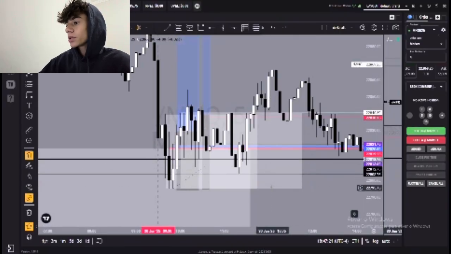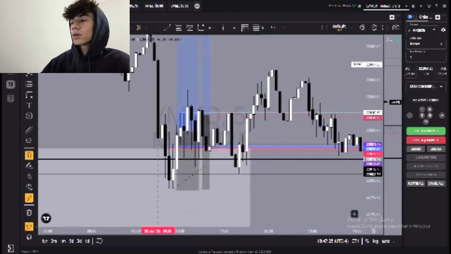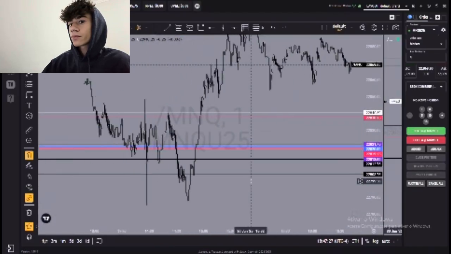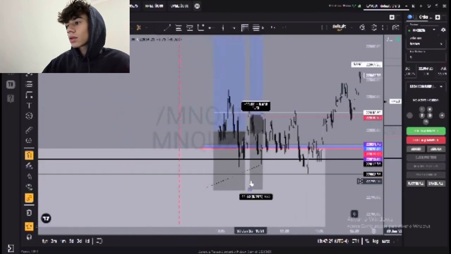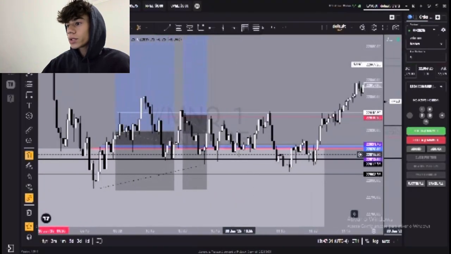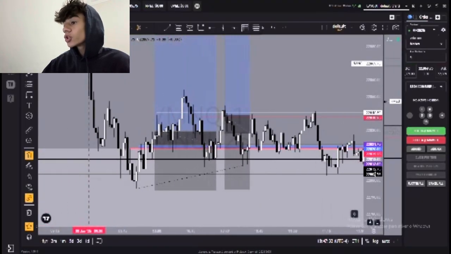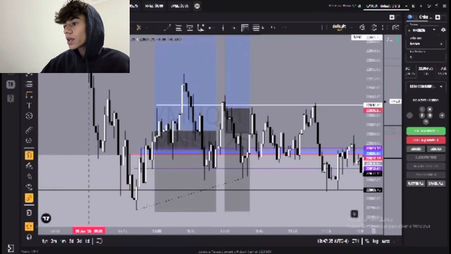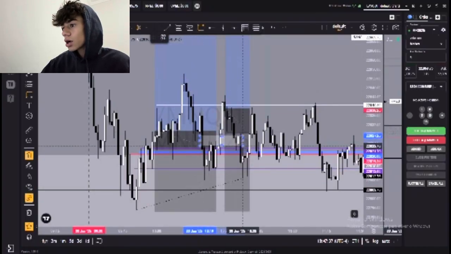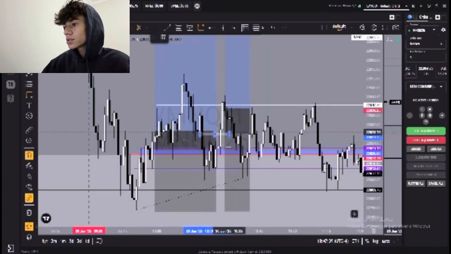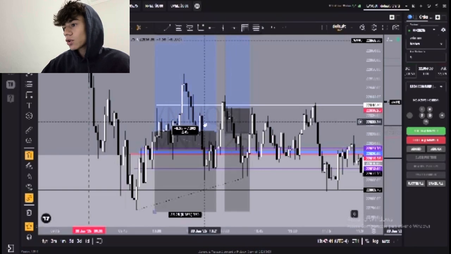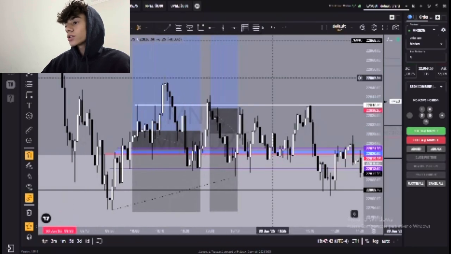And after that happened, same old, we scaled down to the 1 minute and waited for a break of structure, which we did right here. I wasn't willing to enter off this inverse fair value gap because of all this chop, and I was just not convinced yet. So I waited for this break of structure, then I entered there.